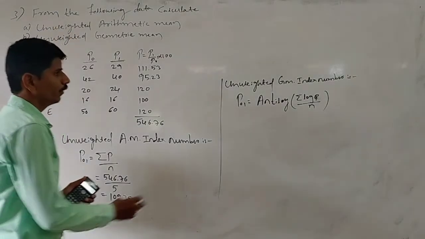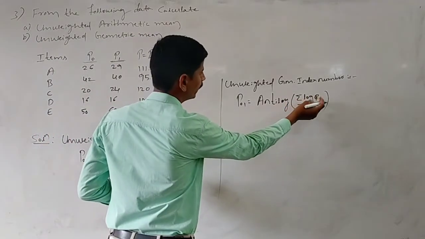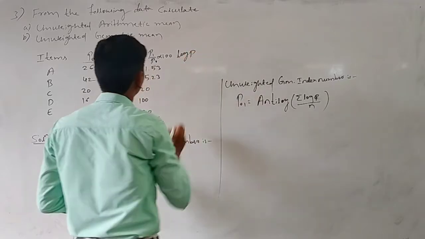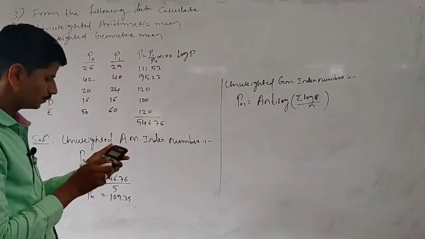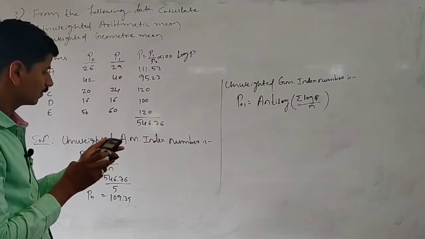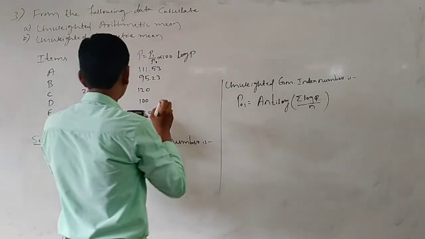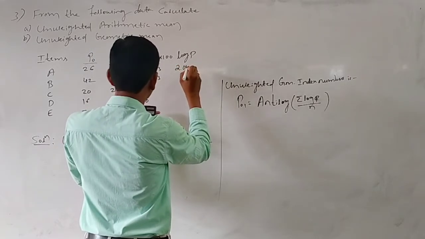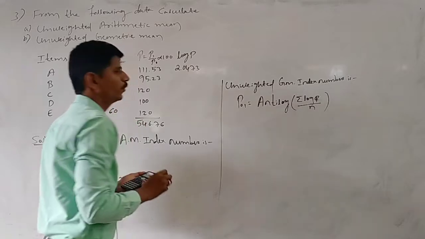We have to find log of P. We require log P value. You have to find the logarithm, that is log P. The log of 111.53 is 2.0473.